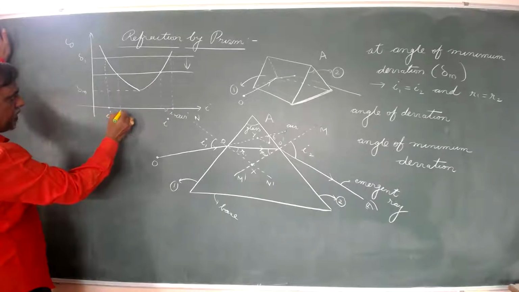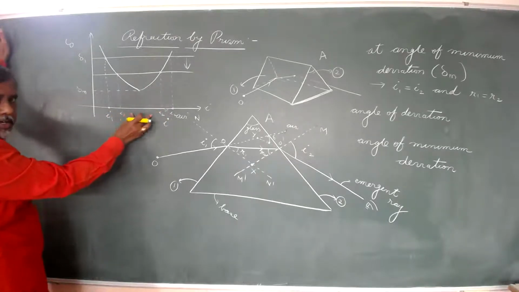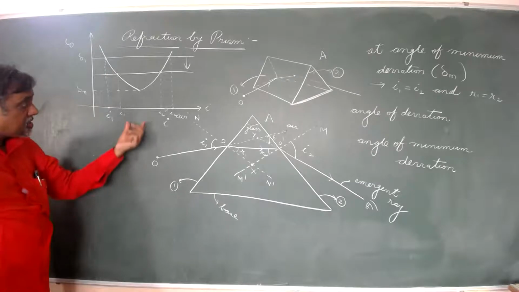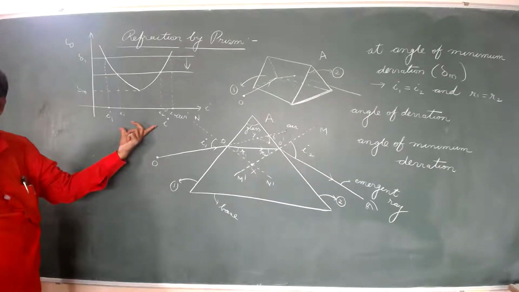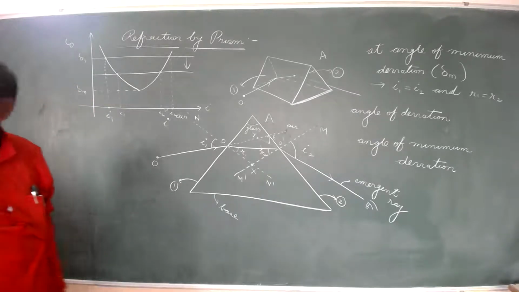Now this becomes I1 and this becomes I2. Even then, I1 and I2 are separated apart. There will be some distance between I1 and I2, but this distance is lesser than the previous distance. Am I correct?